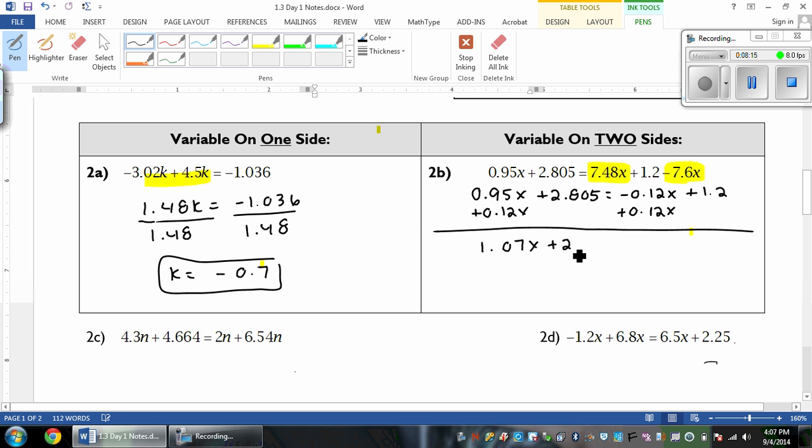Drop down the 2.805. -0.12 plus the same thing is 0. That's what I wanted, and that's going to equal 1.2. I'm going to subtract 2.805 from both sides.